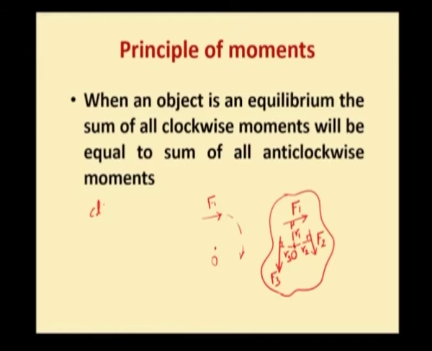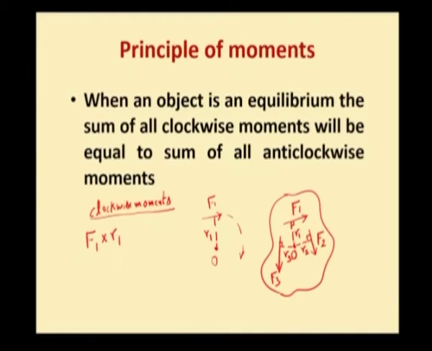Now, let us compute all the clockwise moments first. F1 creates a clockwise moment about O. Perpendicular distance between F1 and the point O is small r1. So, the clockwise moment would be F1 into r1.